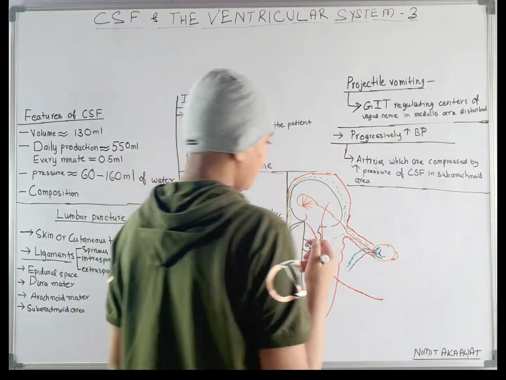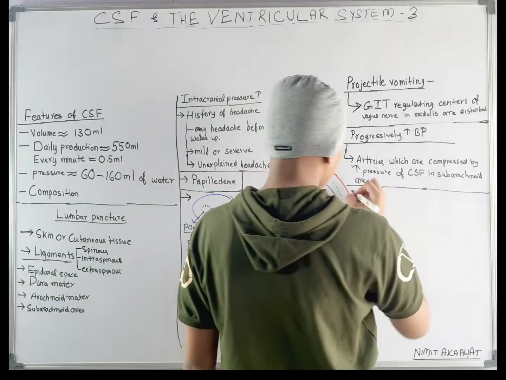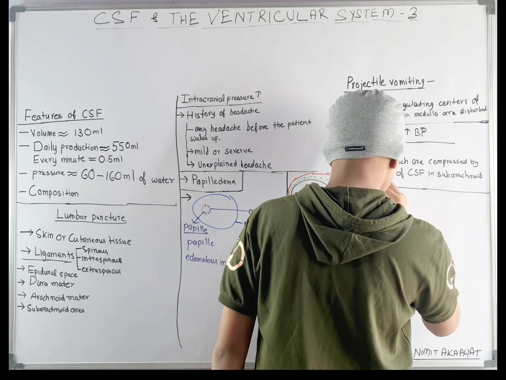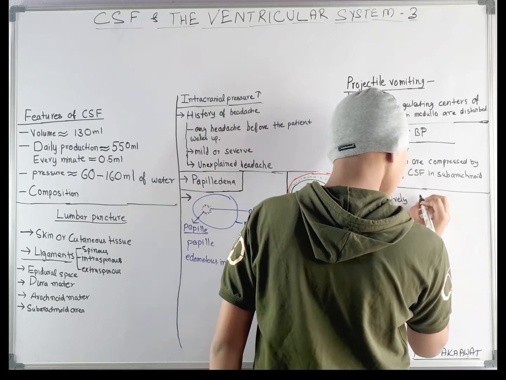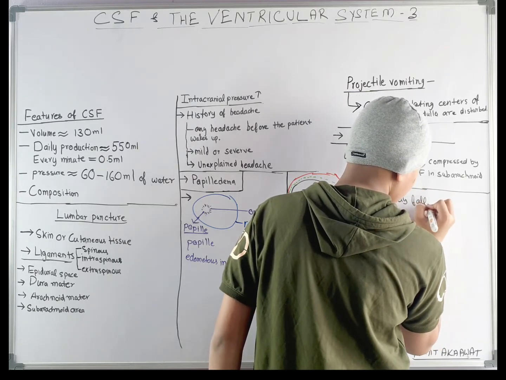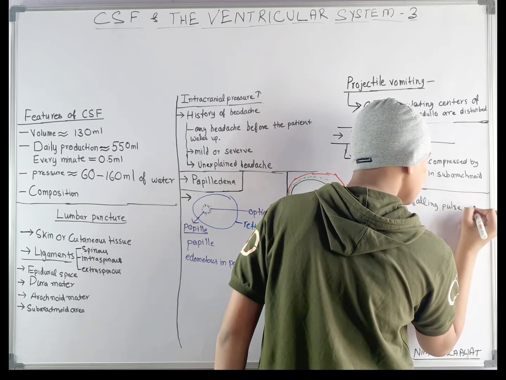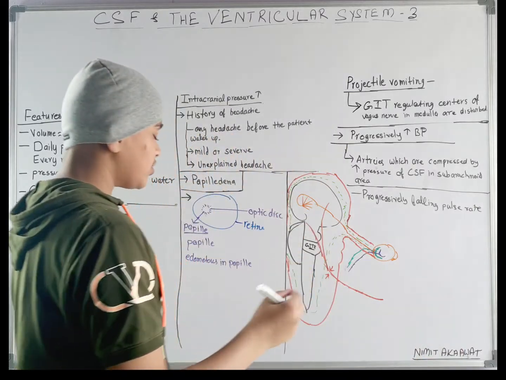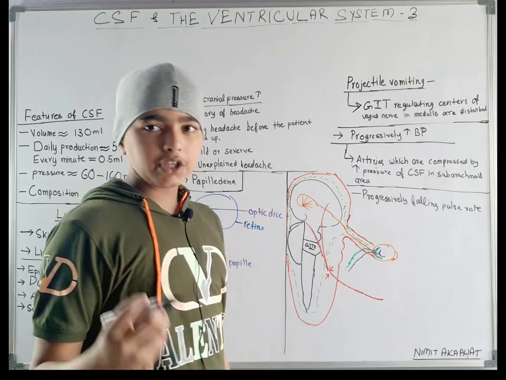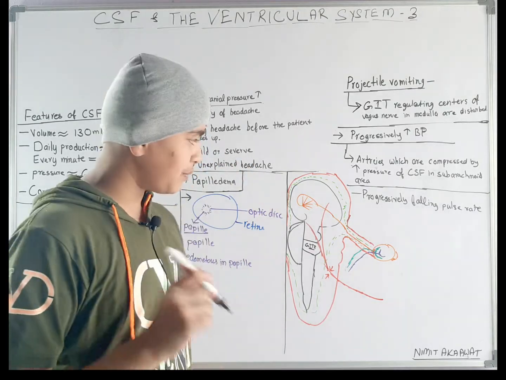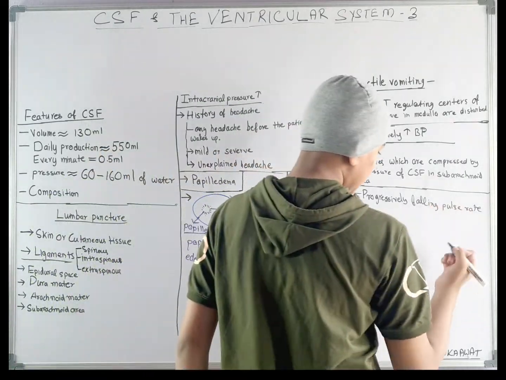Now, the fifth and last factor of high intracranial pressure is progressively falling pulse rate. Again, this is because of the vagus nerve. The vagus nerve is a cardio inhibitor, which means it decreases the cardiac activity and the arterial activity.